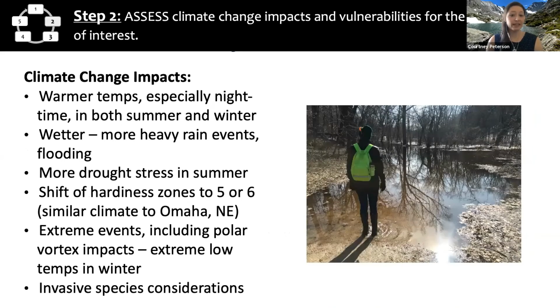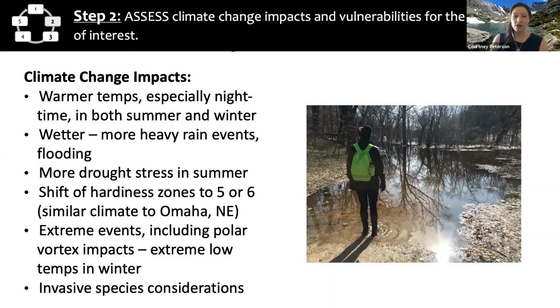Some of the key climate change impacts Crosby Farm is dealing with: they are getting warmer temperatures, especially at night and in both the summer and the winter. They are getting more extreme heavy rain events and flooding, as you can see from that picture on the right. There's supposed to be a trail that goes straight through where all of that water is.